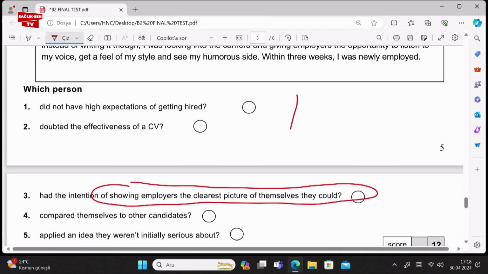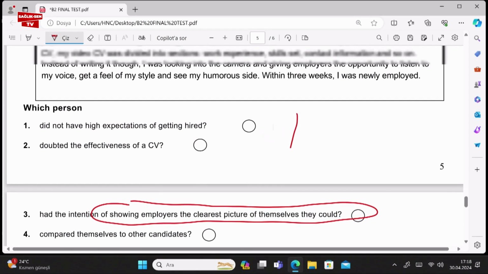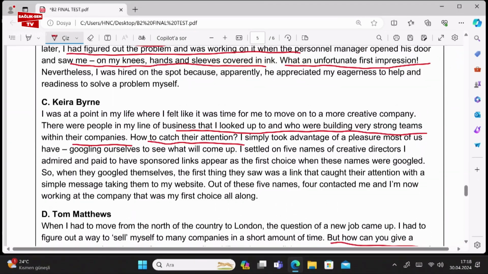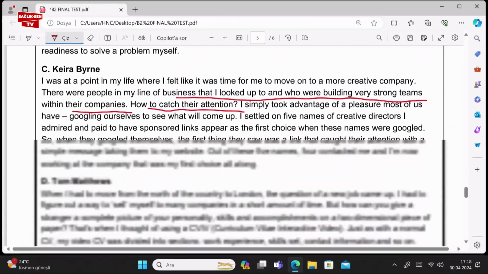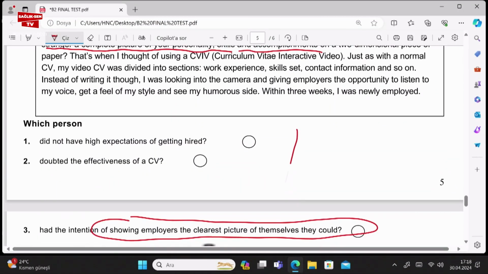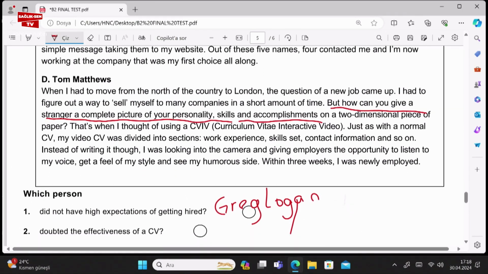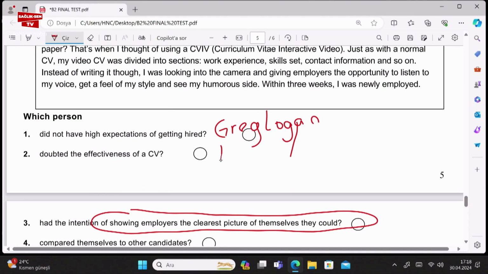number 1's answer was, we talked about Greg Logan. Which person doubted the effectiveness of a CV? We said that the answer is Tom Matthews.